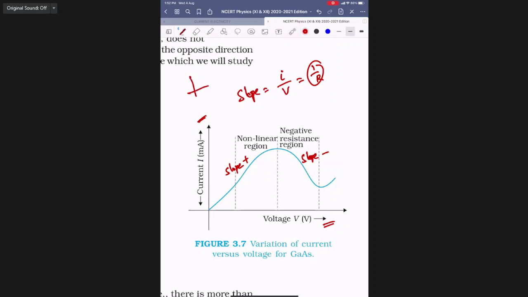If you take V and I, the slope is R, resistance. Got it? Here the slope is positive, here the slope is negative. But resistance must be a positive number. That's why it is called the negative resistance region. Here it is called positive, though of course non-linear, not a straight line.